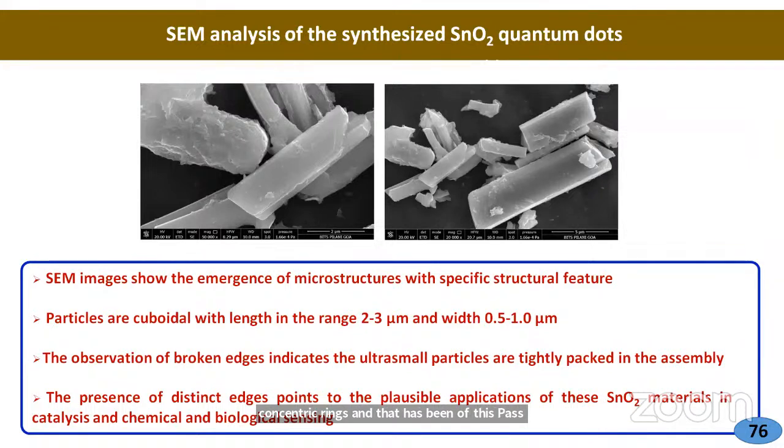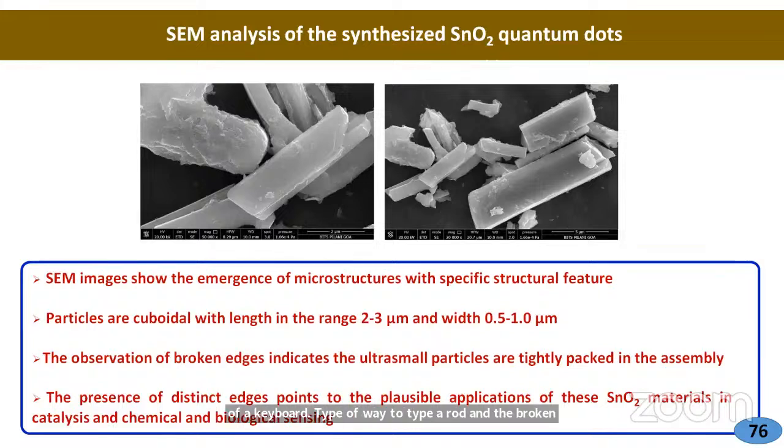And we could see some SEM analysis of the synthesized tin quantum dots. What we see is the emergence of some microstructures with special structural features, a very typical cuboidal type of rod, and the broken edge indicating ultra small particles.